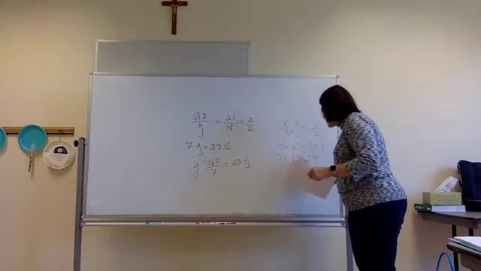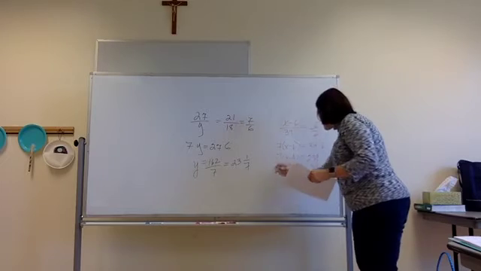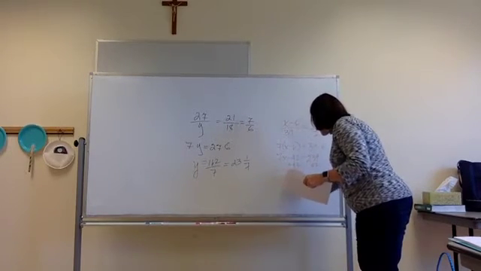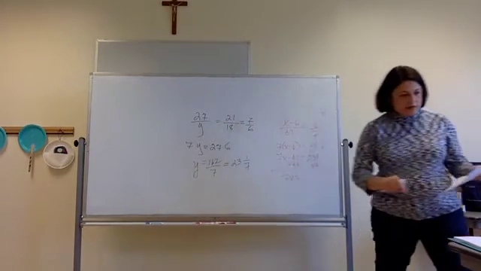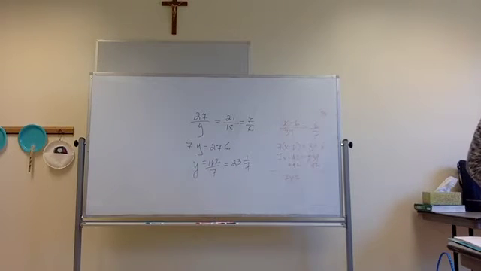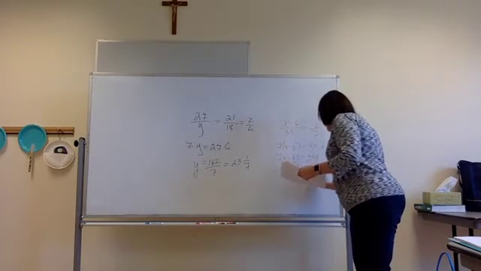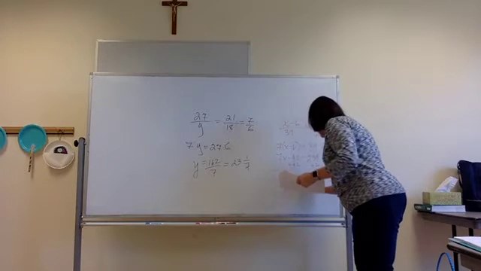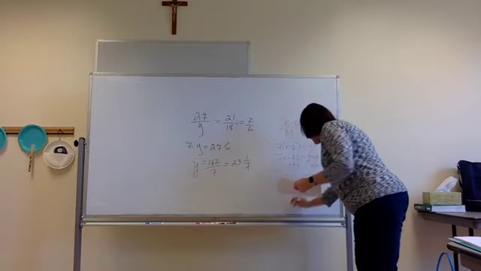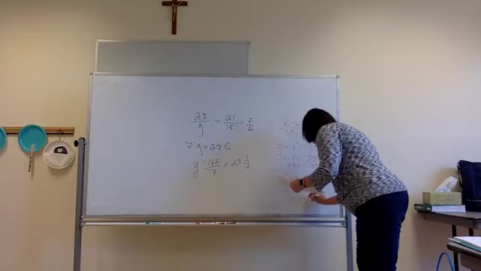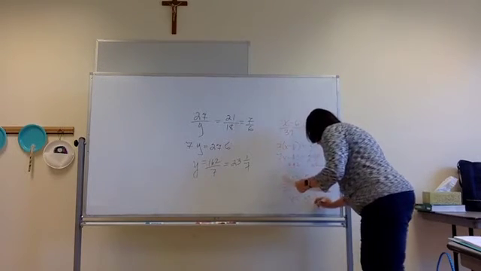Okay, and then you're going to add 42, you get 7x equals... all right, there you go. 39 and 3/7, okay?